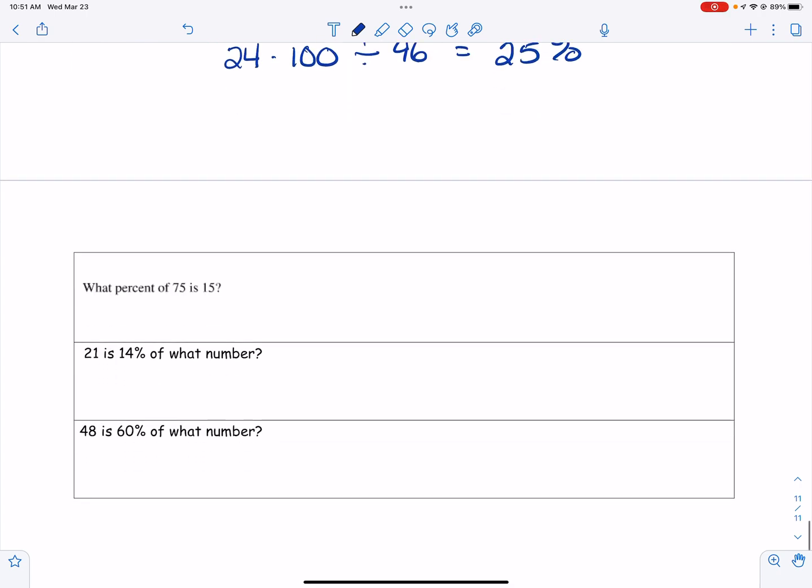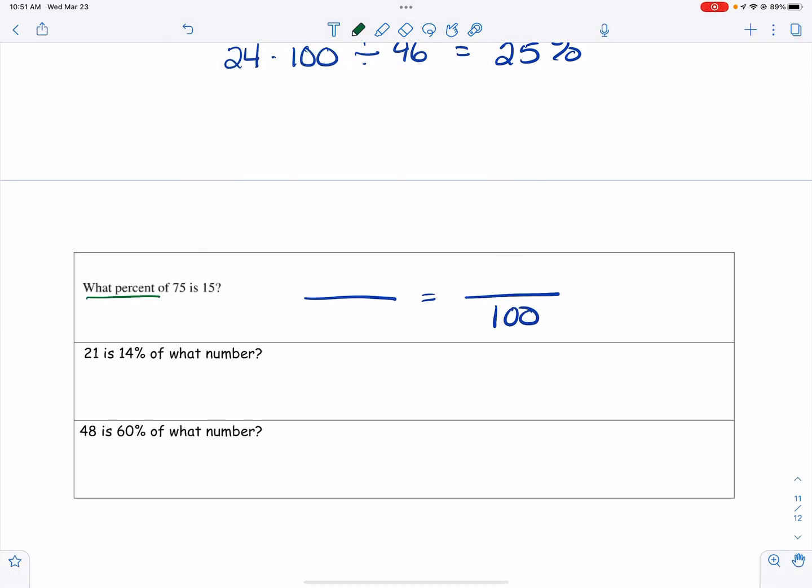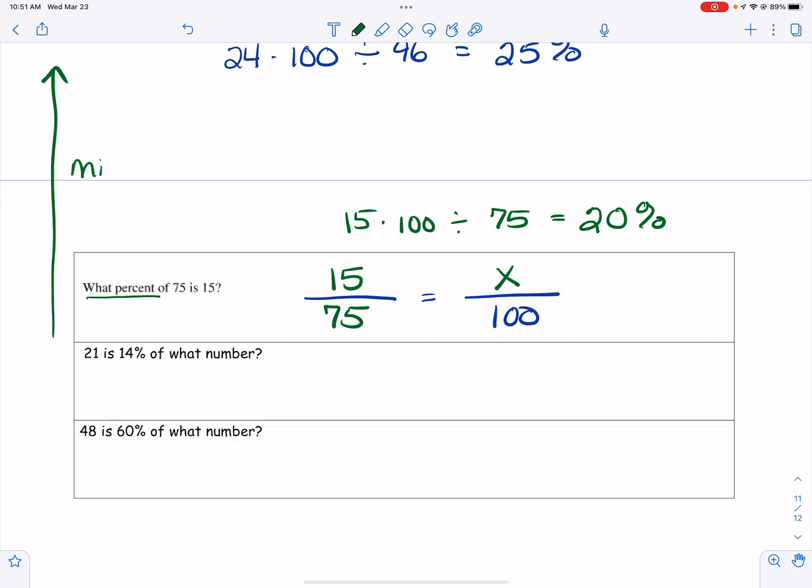All right, blank equals blank over 100. And now we have what percent, that's X, of 75, that's my whole, is 15. So 15 times 100 divided by 75. And that gives me 20%. Okay, so these two were missing the percent.